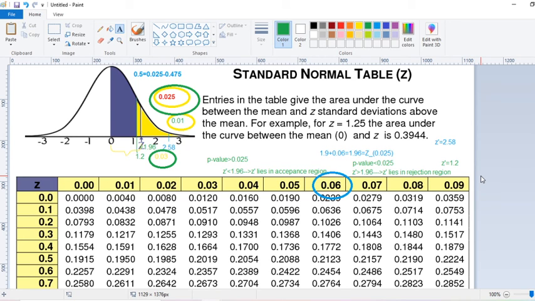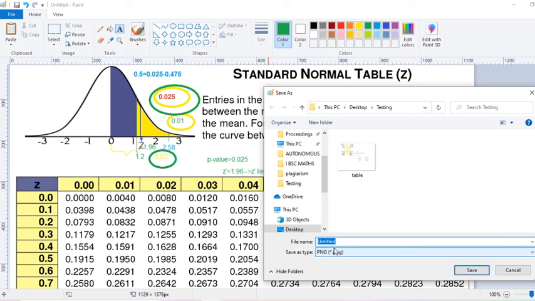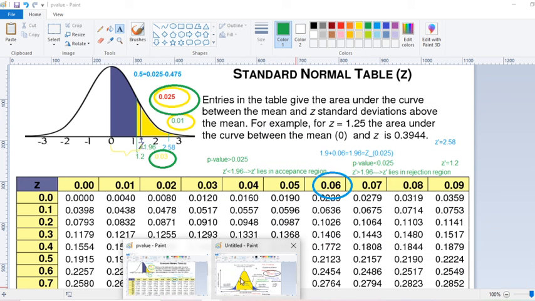On the other hand, if the p value is less than 0.025, z dash lies after 1.96, that is, in the rejection region, so we have to reject the null hypothesis. Okay, I think you got the idea of the p value. This is the methodology for finding the p value. You got the idea?